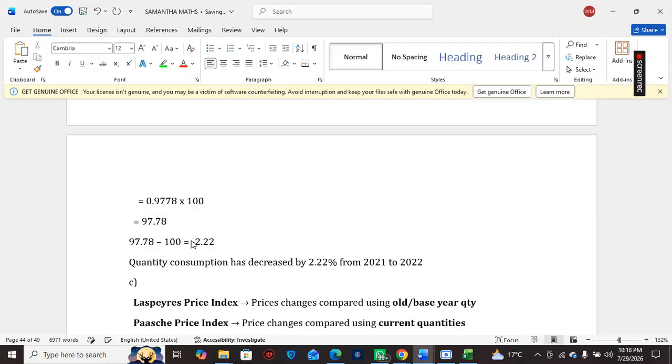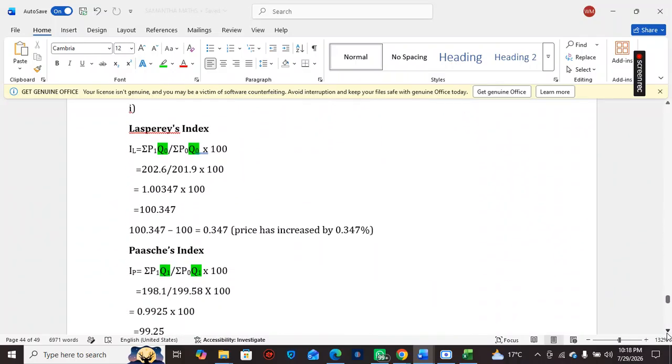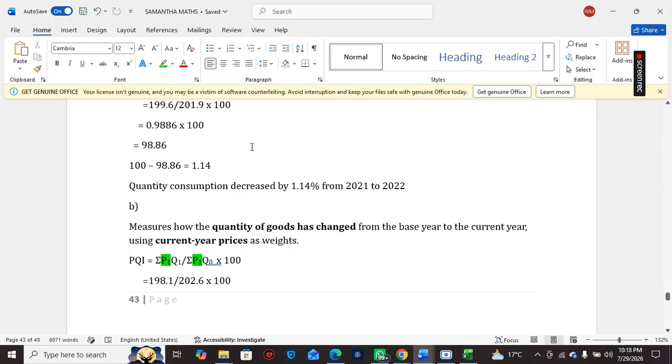Your index number minus 100 so that a negative will represent a drop. Okay, so where else did I put it? Yes, even here, let me put it like this, 99.869. Your index number minus 100. So that when you see a negative number, you know there's a decrease. Okay. Yes.